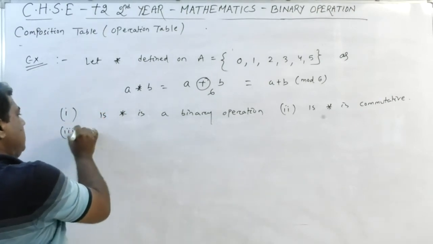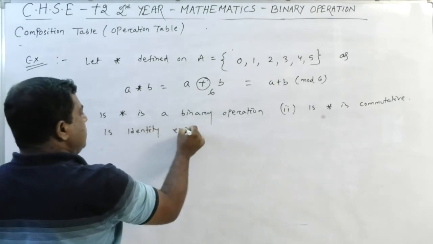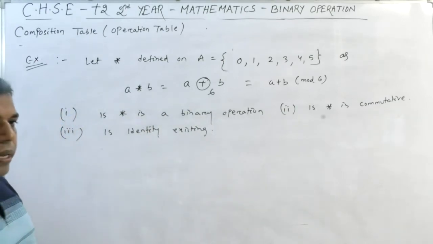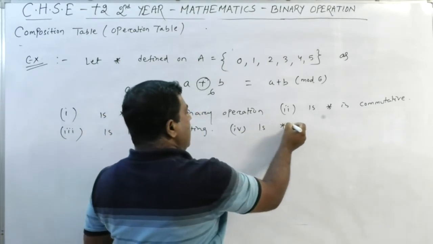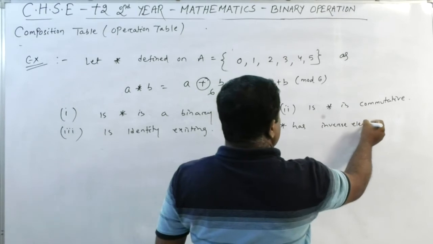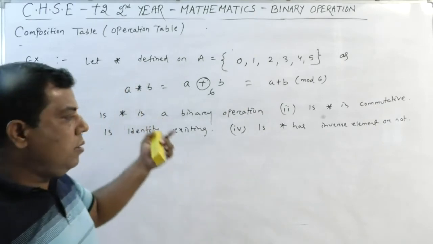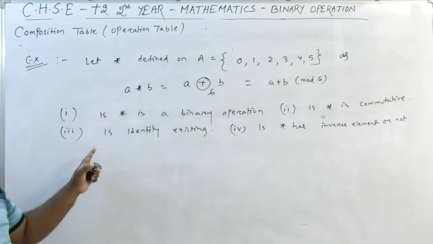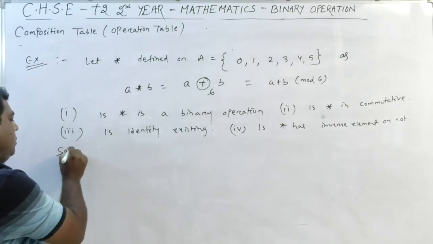Then the next one: does the identity exist? And the next one: does star have an inverse element or not? Okay, so that is what we have to find out here. So now we will proceed. I am writing the solution.